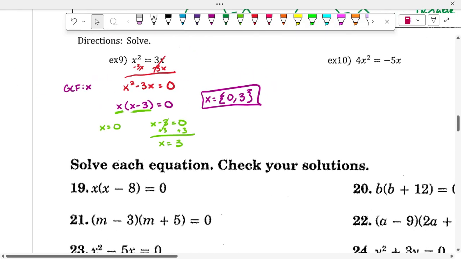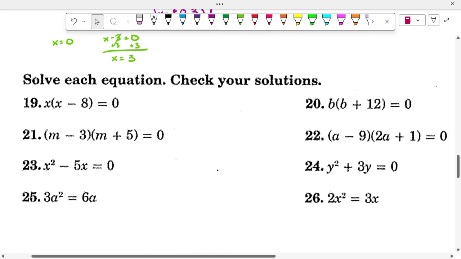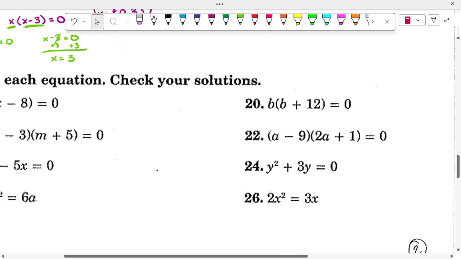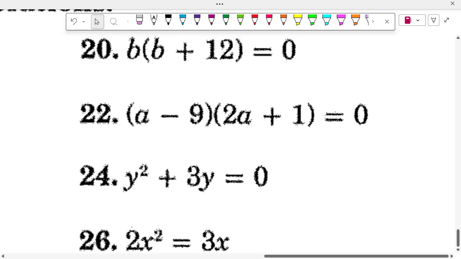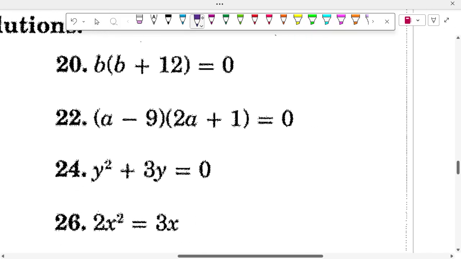All right. Now, these problems at the bottom, some of them are already factored for you. Like for example, 19 through 22 are already factored for you. So you can just go ahead and set both equal to 0 and solve. So let's do 22 real quick. So if I set a minus 9 equal to 0 and 2a plus 1 equal to 0, how do I solve a minus 9?